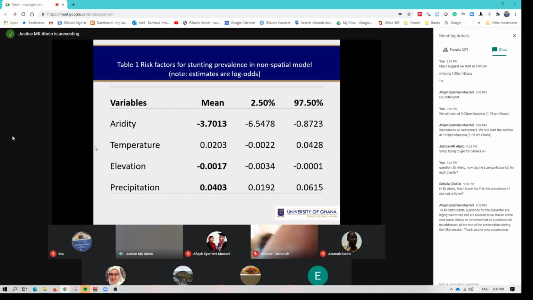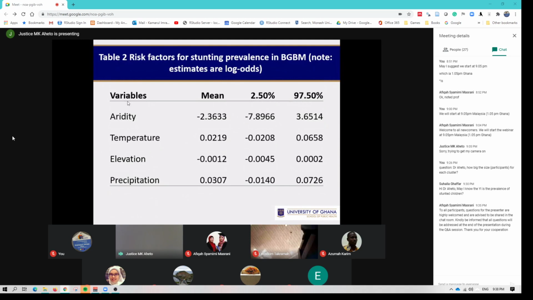Surprisingly, when you go to the spatial model now, that's when we are taking into account the spatial correlation. That is the effect that, in fact, geography or geographical location should have some effect on our outcome. None of these three significant covariates were significant anymore in that model. So this is a Bayesian geostatistical binomial model that we fitted.